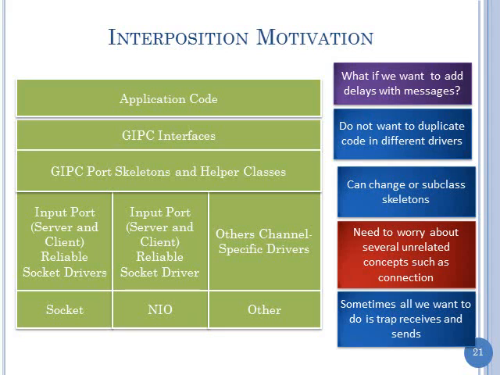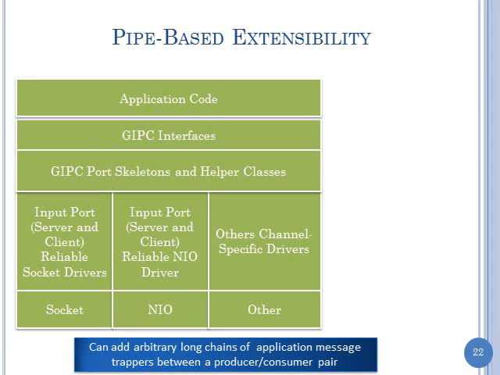So this is pipe-based extensibility. The idea is that because we are in a distributed system, there are always producers and consumers of information. When I send a message, the application is the producer, and my NIO layer is the consumer.